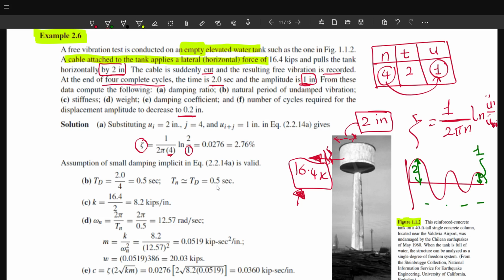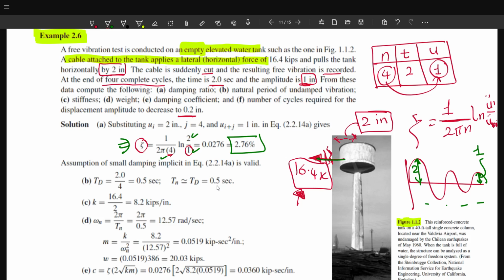This means that we can apply it easily in this equation, and everything is known for us. Then we can obtain the damping ratio of this system. This is a very good example for us in order to obtain the damping ratio of an existing structure.